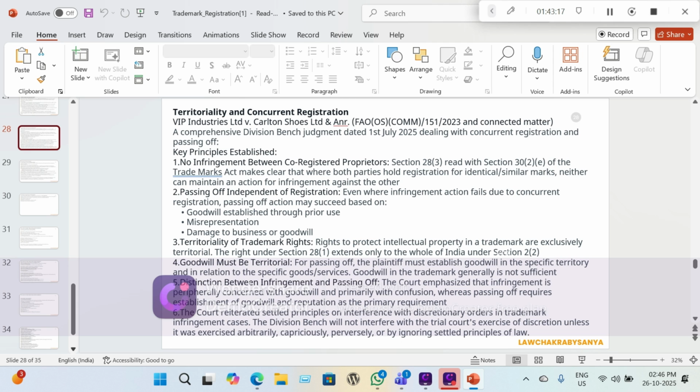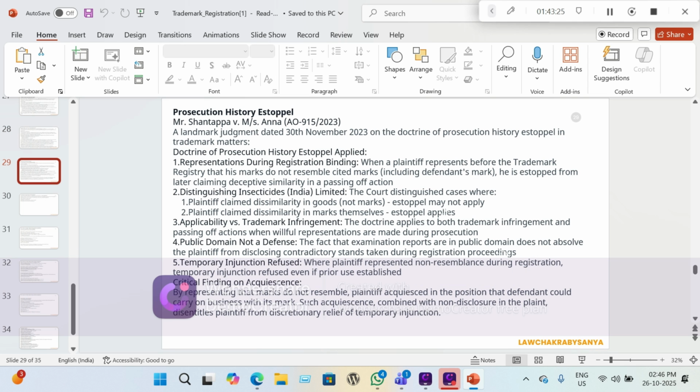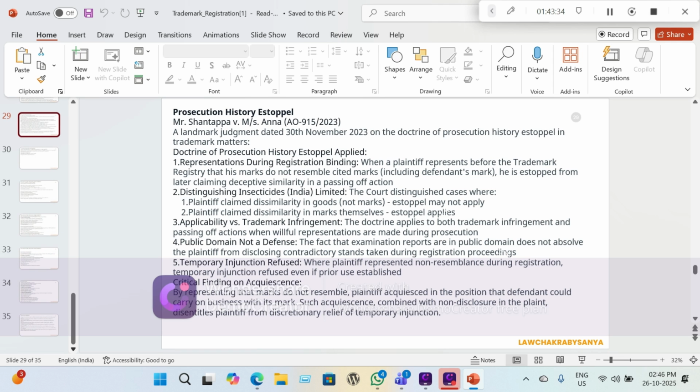So just read it carefully. We don't have a lot of time. I won't go too deep into it. Then on the next slide we have prosecution history estoppel. This is Mr. Shantaba versus Miss Anna. It's a 2023 case in which they said that if there is a prosecution history, which means that you have filed cases against this person before and you've lost, then you can't seek infringement later and say that you didn't know this person was using a mark.